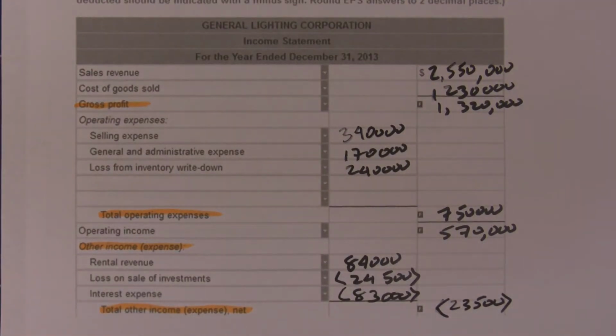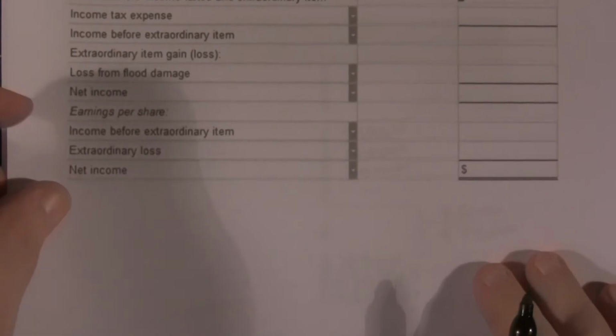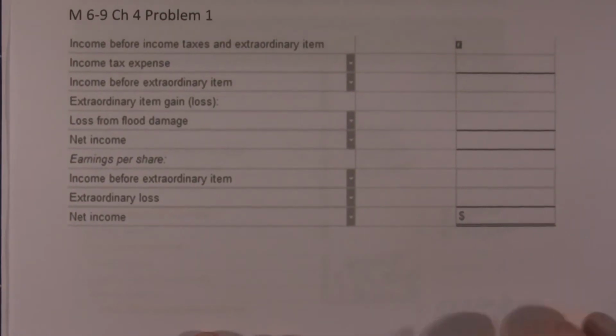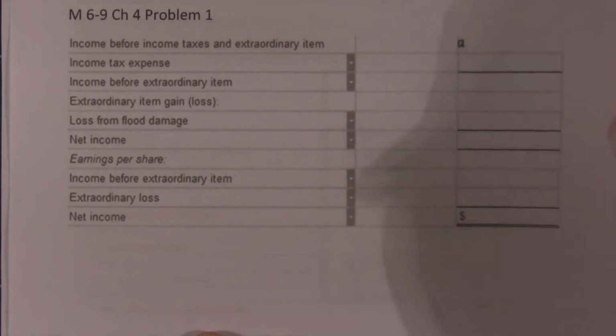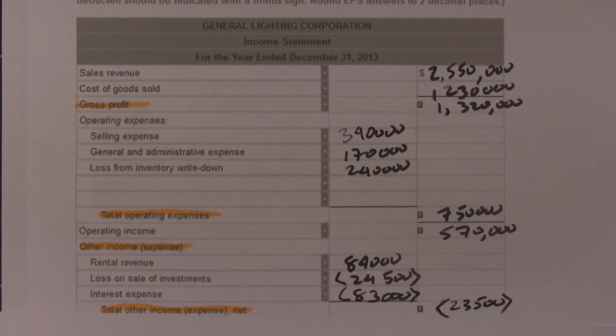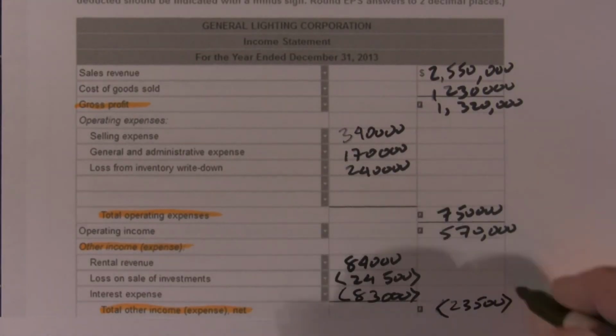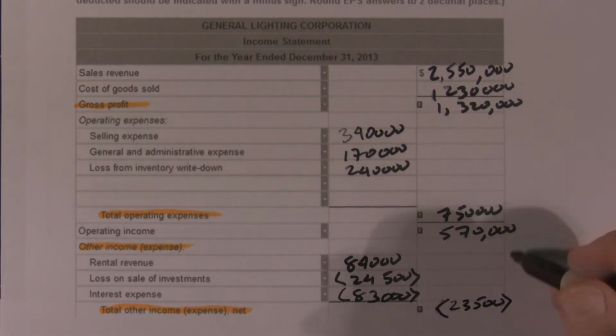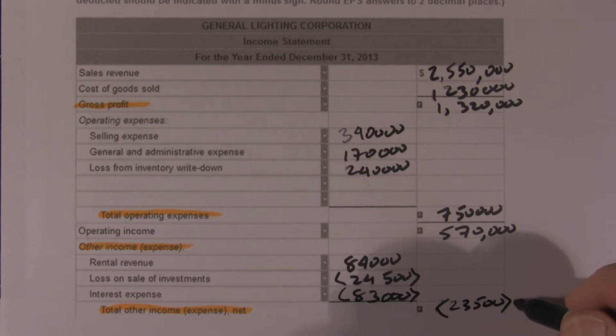Now we're going to go on and do the next piece, where we take the income before taxes and things. So what we're going to do is we're simply going to make this subtraction right here. We're going to subtract the other income and expense from operating income.